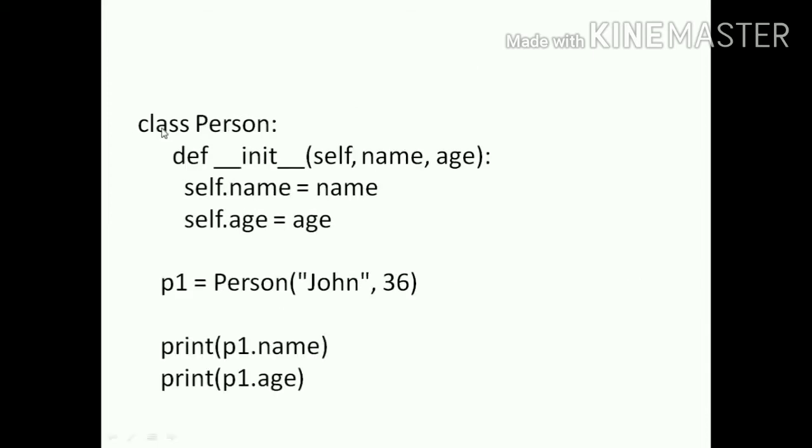Here is the class Person, and here is the __init__ method. These are the object properties, name and age, and self.name equal to name, self.age equal to age. This self refers to the current instance of that class, the current object.